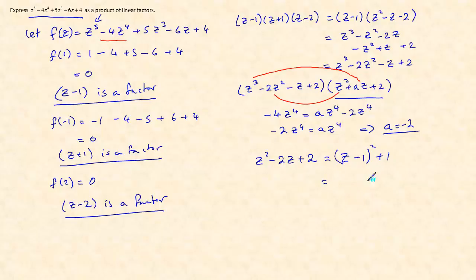So, well, if we think about x squared plus 1, that's x plus i, x minus i. So I'm going to say that's z minus 1 plus i, and z minus 1 take away i.